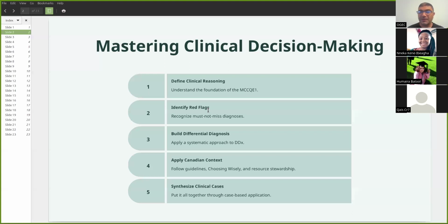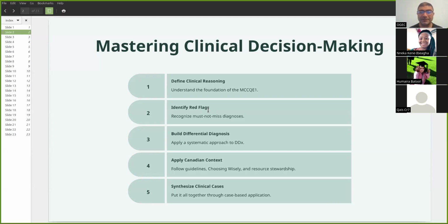In this session, we will cover these topics: define clinical reasoning, what is clinical reasoning, and recognize the must-not-miss diagnoses, the red flags, which are the most important things, and the link with patient safety.